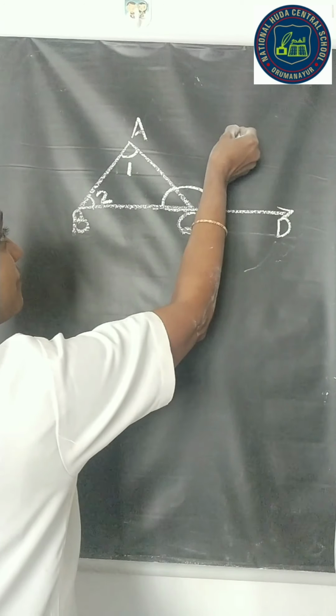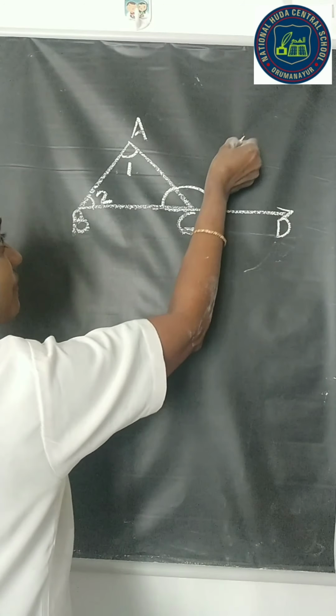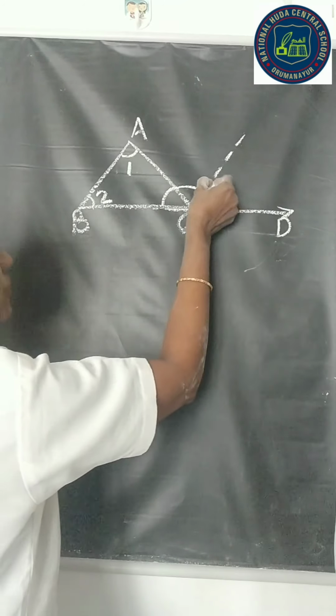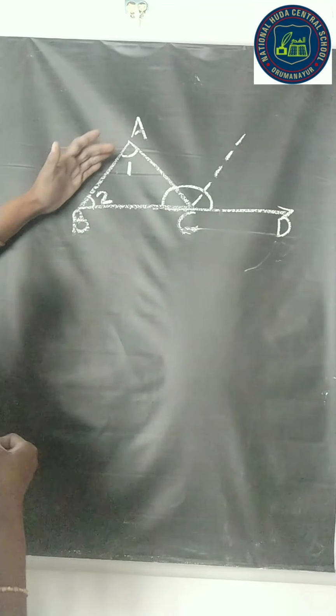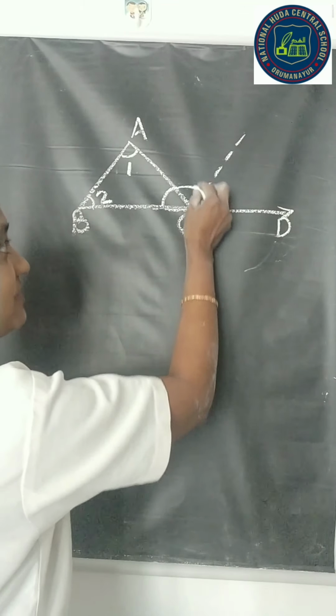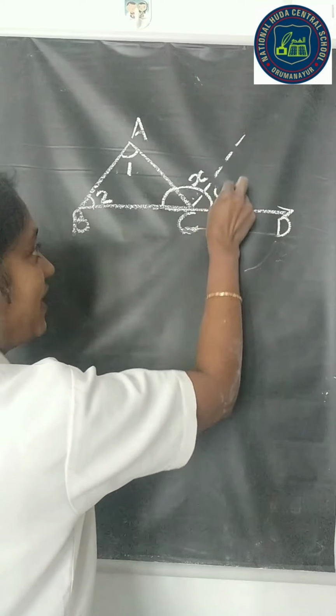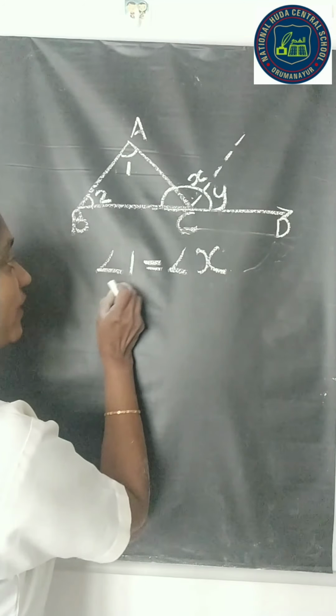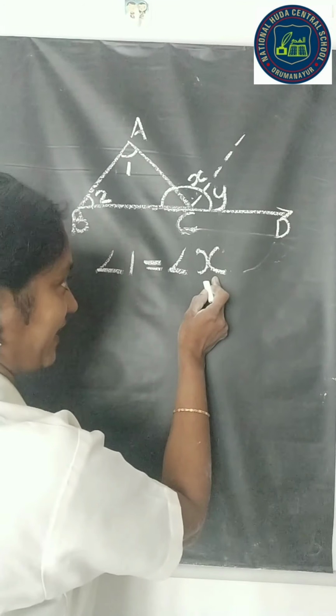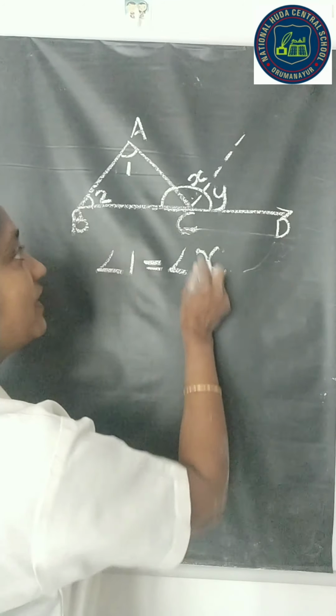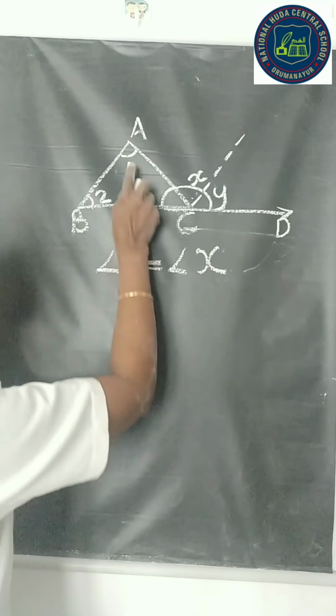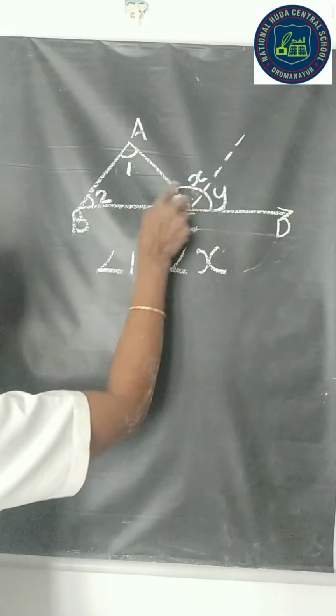Now, we are going to draw a parallel line of AB here. And we got 2 angles here, X and Y. We know angle 1 is equal to angle X because these 2 angles are alternate interior angles.